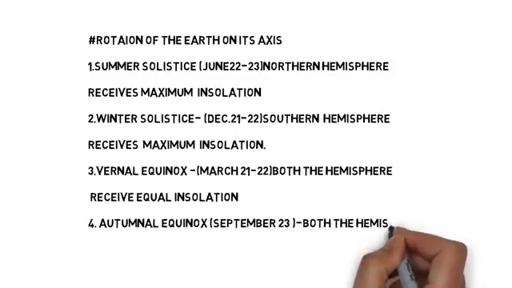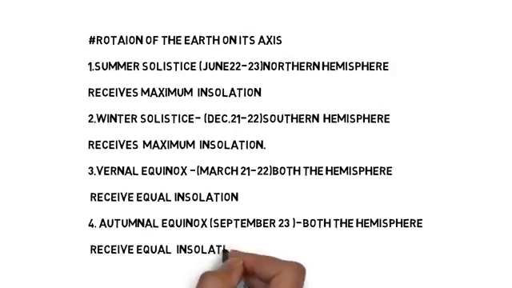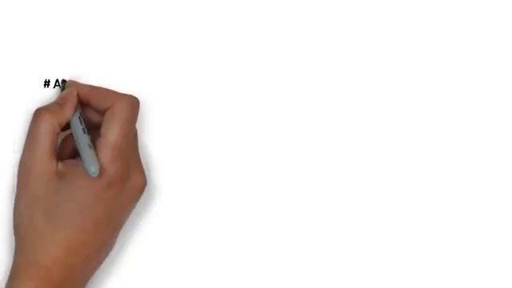However, there are two points in the year when both the hemispheres receive equal insolation and it is called equinox. In the month of March, there is vernal equinox when both the hemispheres receive equal insolation, while in the month of September, autumnal equinox occurs.